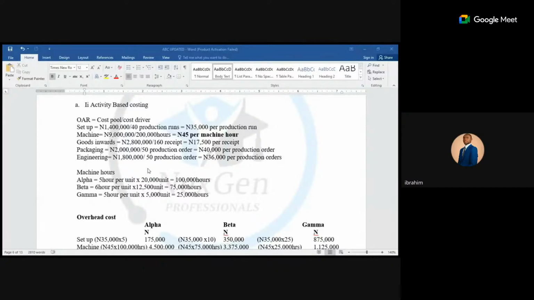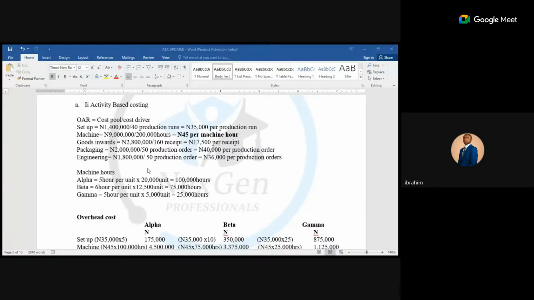Right now, per production run means that, don't forget, activity-based costing came into existence to replace the traditional approach. We want to know the cost that you incur to each of these overheads for your products. Don't accumulate costs for us, like the traditional approach that accumulates costs. You have a 3-bedroom flat, you have 6 units.